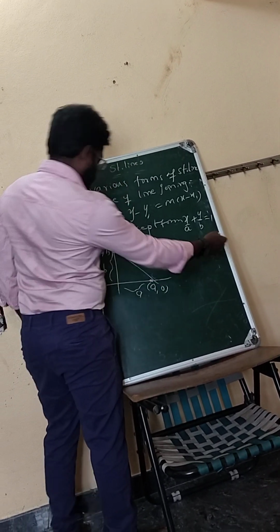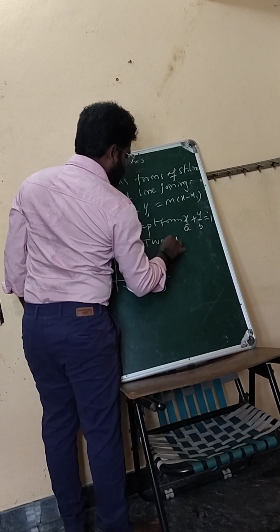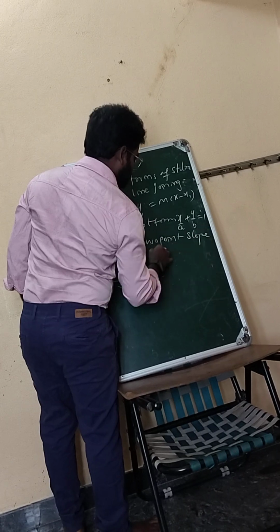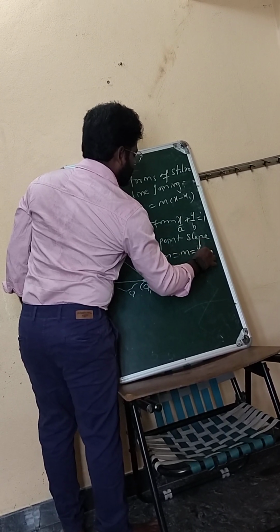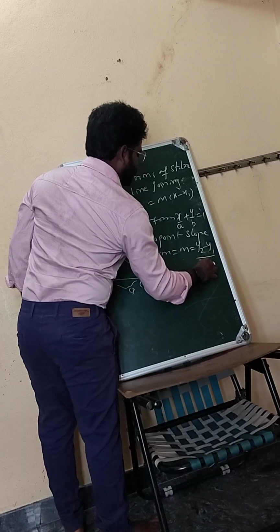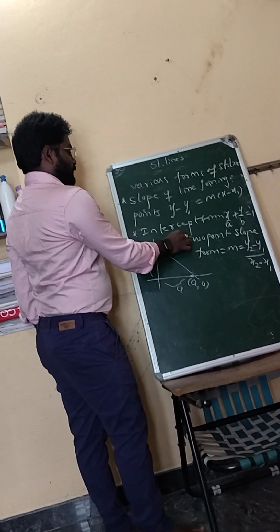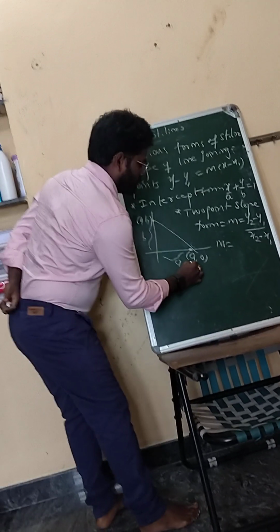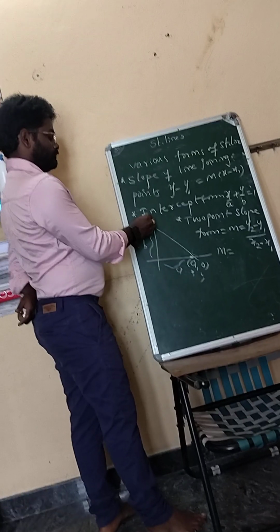And line joining points. Two point slope form. M equal to y2 minus y1 by x2 minus x1. Then m equal to, suppose x1 y1, x2 y2.